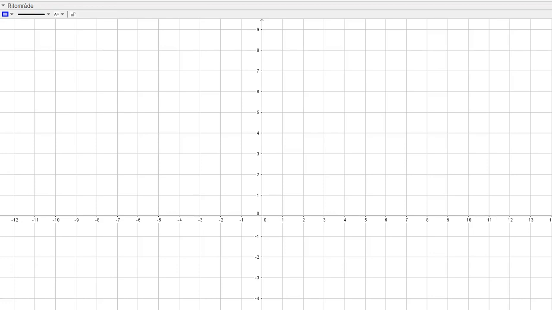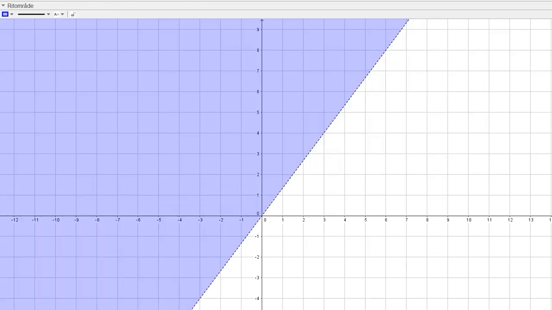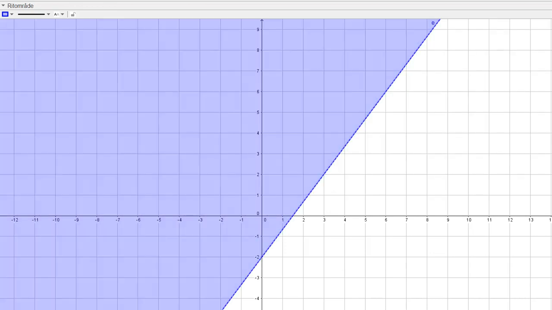As you can see here now, the solution is above the line because it is greater, but your line is a broken line.